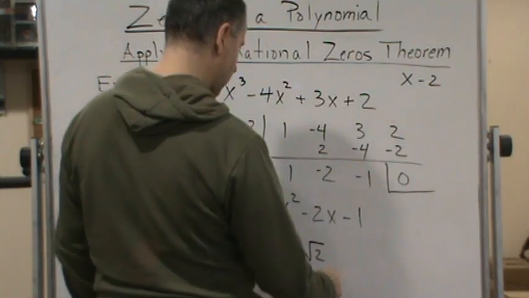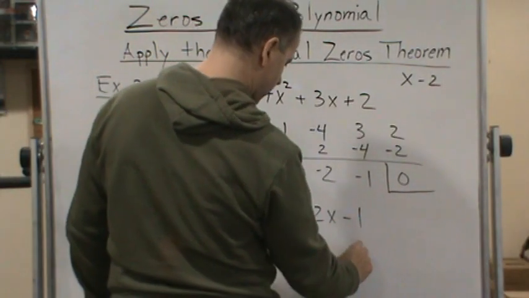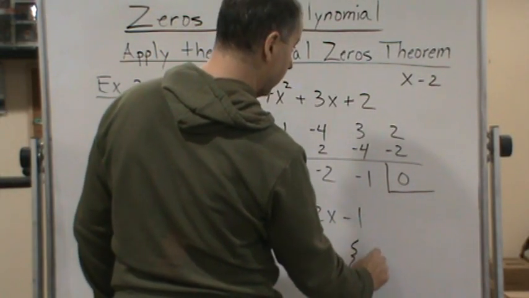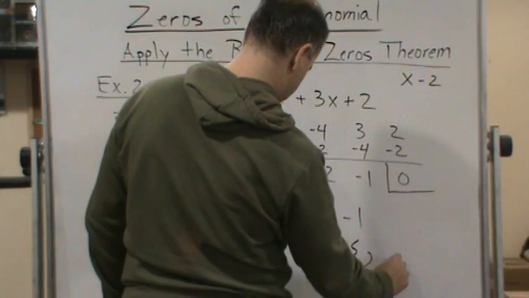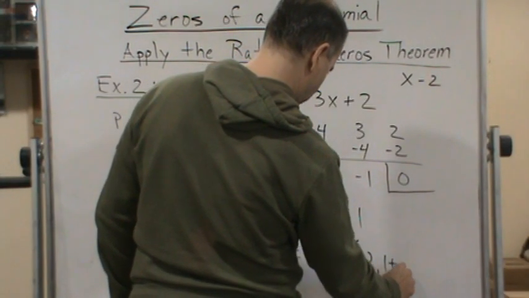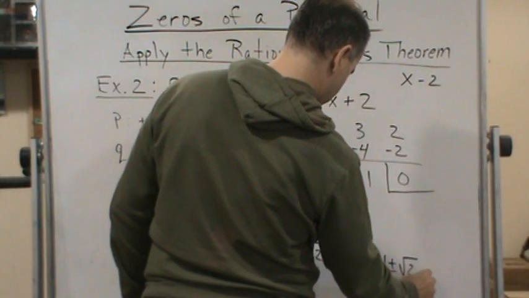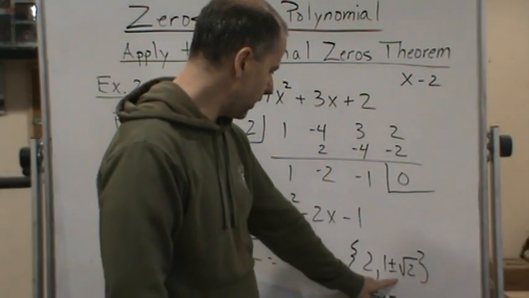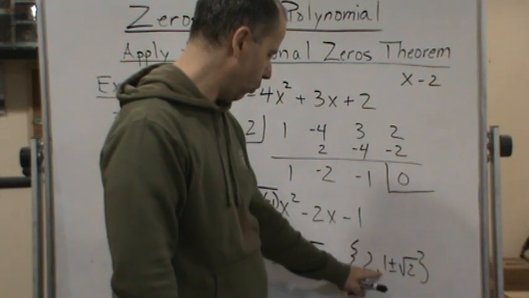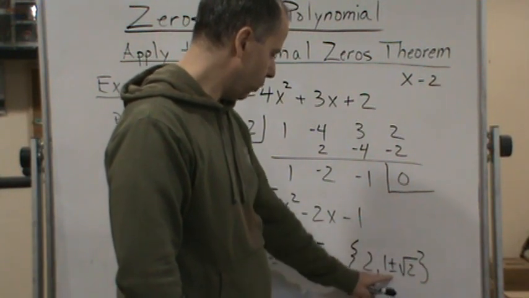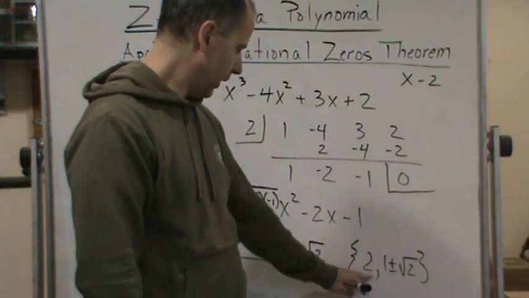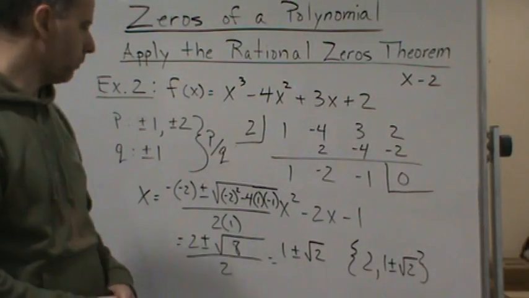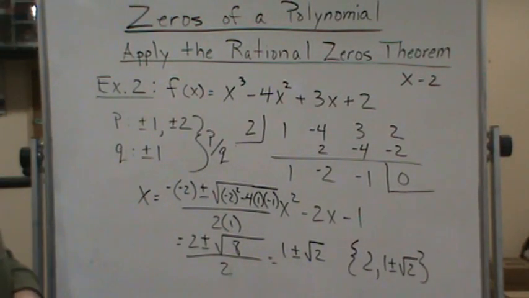The zeros are going to be 2, and 1 plus or minus the square root of 2. So we got 3 zeros. Remember, plus or minus means that there are two of them here: 1 plus the square root of 2 and 1 minus the square root of 2. And then we have 2. Okay, all right, that's it.